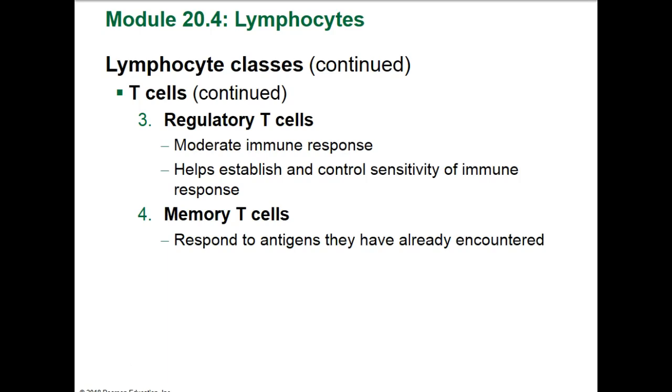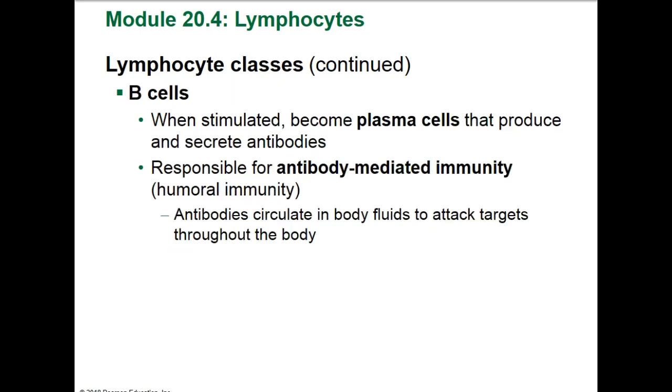We also have memory B cells that we'll talk about. Because the B cells, when they're stimulated, they turn into plasma cells and they produce and secrete antibodies. So they're responsible for antibody-mediated immunity, or another term we use is humoral immunity. And the antibodies circulate throughout your fluids. They attack the targets throughout the body.